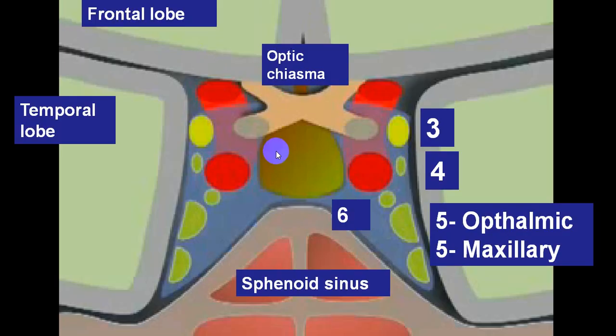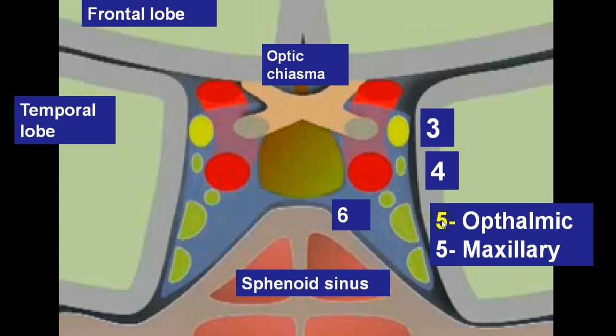As far as the relation in the cavernous sinus is concerned, three, four and six will be running in the cavernous sinus, and there they will also be related to the fifth cranial nerve. Above the pituitary fossa you have the optic chiasma, on the two sides of the pituitary fossa you have the cavernous sinus, and on the lateral side you have the temporal lobes.